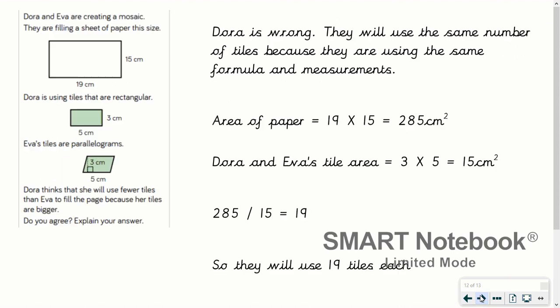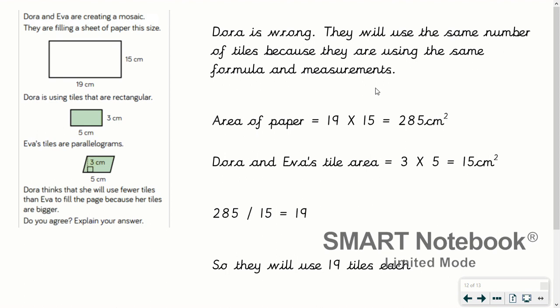The next one. So Dora is wrong, first thing, because they'll use the same number of tiles because they're using exactly the same formula and exactly the same measurements. The area of Dora's rectangles will be 3 times 5, 15. The area of the parallelograms will also be 3 times 5, which will be 15 centimeters squared. They're the same size because remember we use the same formula.